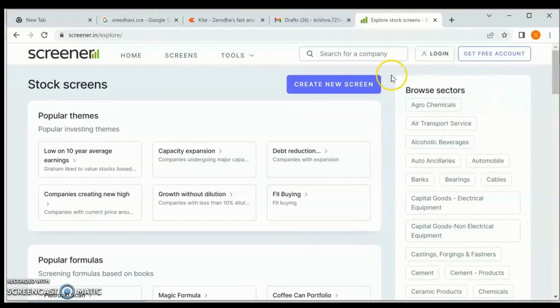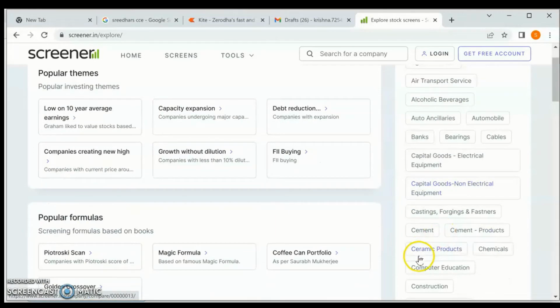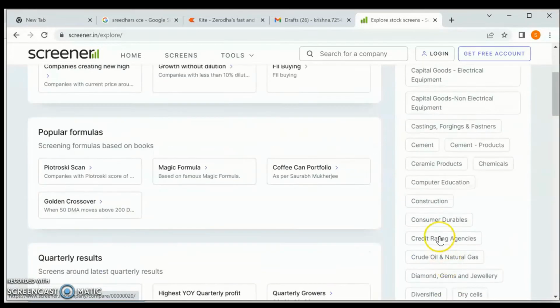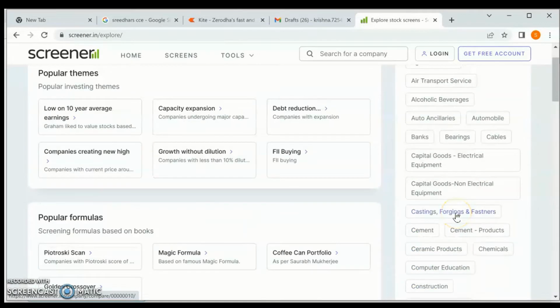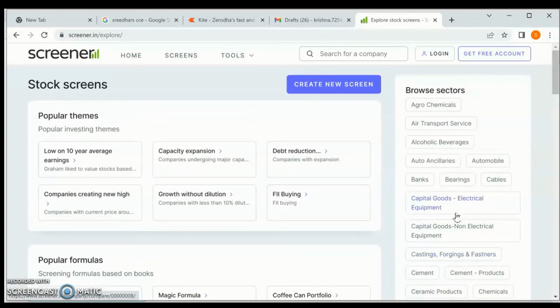See, browse sectors. There are many sectors: chemicals, air transport services, banks, bearings, cement, computer education, construction. You can choose any sector.